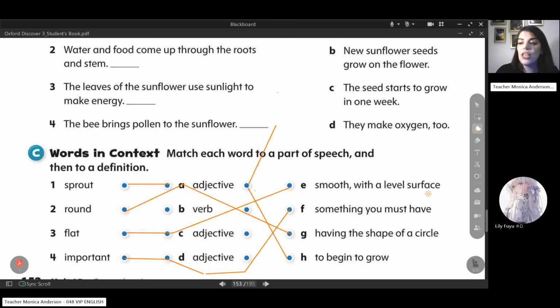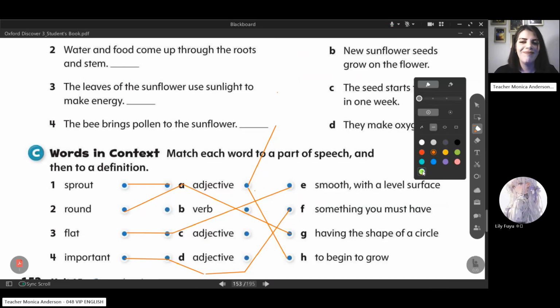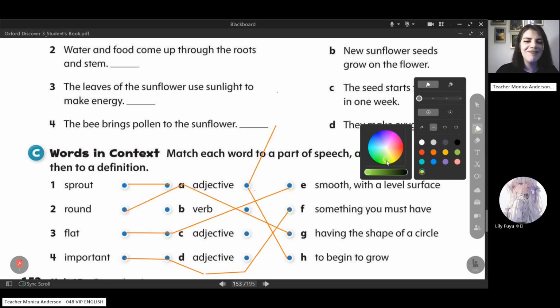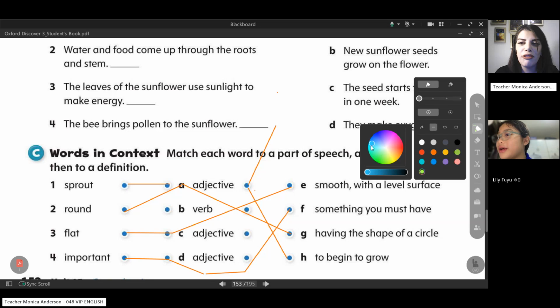Okay, well, so just let me show you something, Mary, what I have. Look. We can choose color. Ooh, look. Can you see? What color? Let me choose another blue for you. Light blue. Yeah, this one is good. Very good.